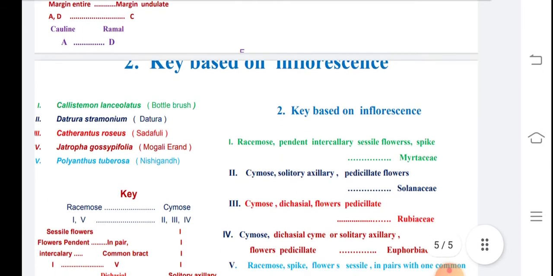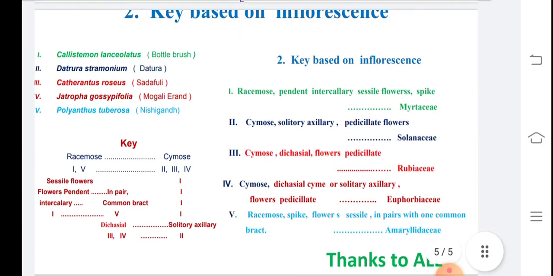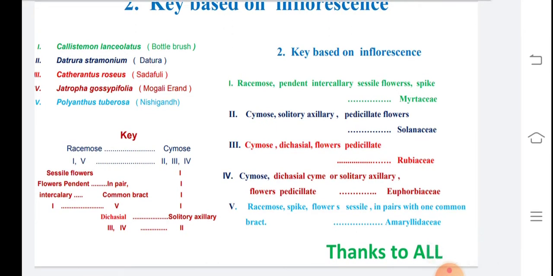You see now second practical, key based on the inflorescence, right? So there are 5 materials, Roman 1 2 3 4 5. So first material is the Callistemon, bottle brush. Second, Datura stramonium. Our practical materials are there, Catharanthus sadapuli, Jatropha multifida, and last one Polianthes tuberosa, nishigandha or gulchhadi.